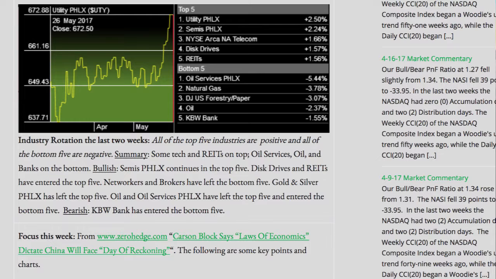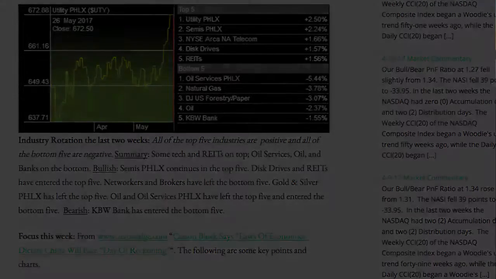Disk drives and REITs have entered the top 5. Networkers and brokers have left the bottom 5. Gold and silver has left the top 5. Oil and oil services have left the top 5 and entered the bottom 5. Bearish: KBW Bank has entered the bottom 5.